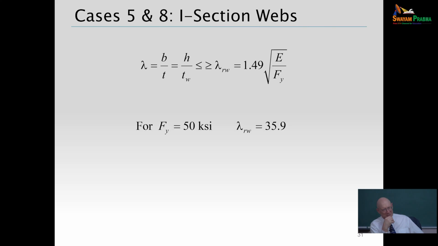I think in some cases they're liberalizing some of the requirements.